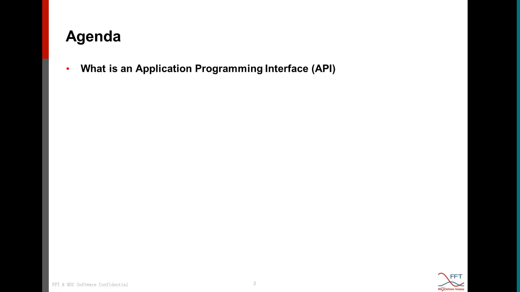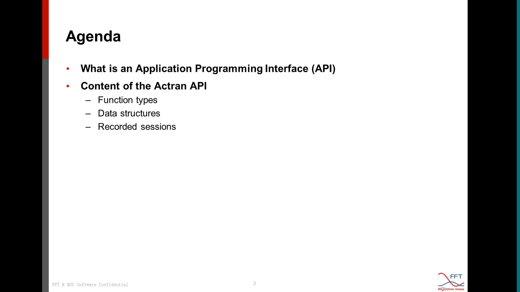First, I will introduce to you the concept of Application Programming Interface, or API, and then we will take a look at the content of the API within our Graphical User Interface, and this includes the types of functions and objects that are accessible, and how to retrieve session files within this graphical interface.